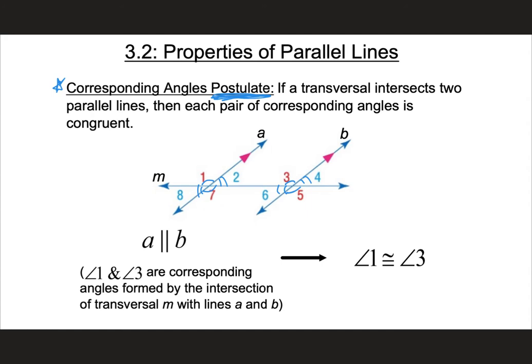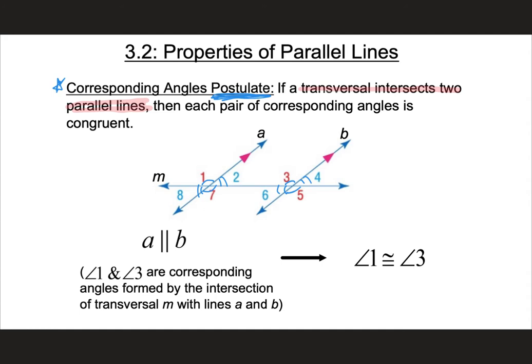Now, I do want to point out, this postulate says that if a transversal intersects two parallel lines, this is the very first thing it says. What I want you to notice here is that you must be given the lines are parallel. If you are not told that you have parallel lines, this postulate will not work.